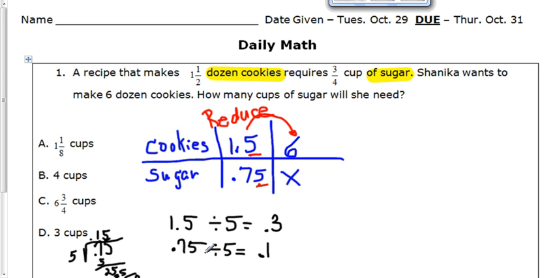So 75 hundredths divided by 5 is going to be 15 hundredths. Okay, so this now becomes 3 or 3/10, and this now becomes 15 hundredths.